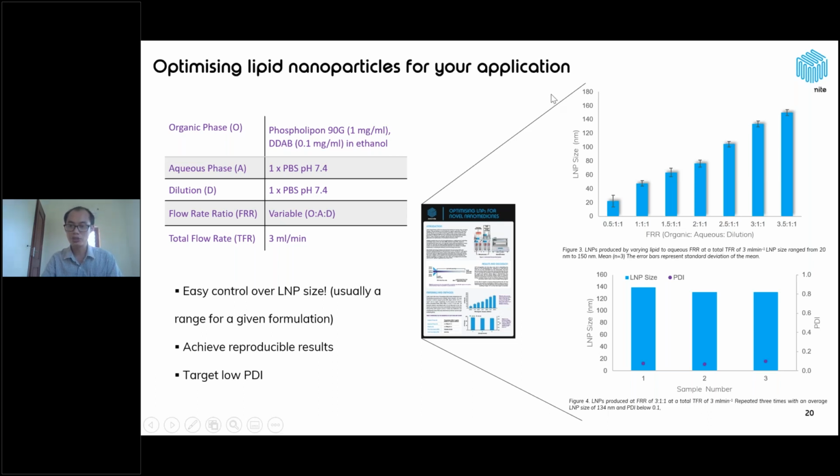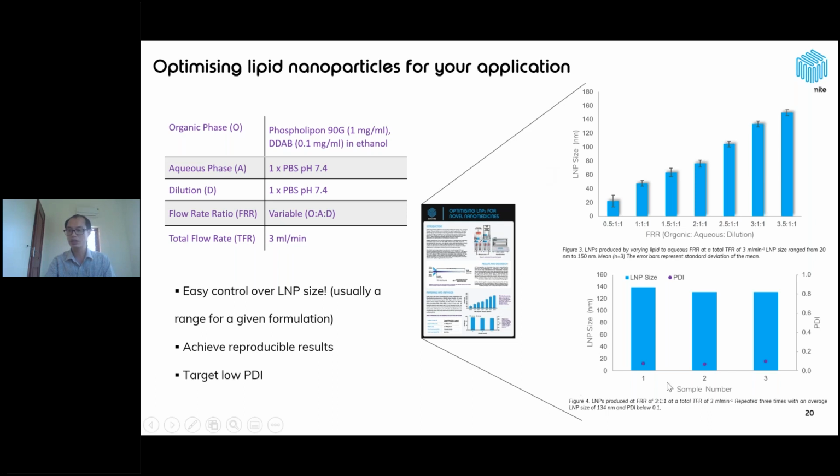The results show the system is very easy to control lipid nanoparticle size by just changing the flow rate ratio. As you can see, when we increase the flow rate ratio, we can achieve lipid nanoparticle size from 20 to 140 nanometer. And it achieved reproducible results.